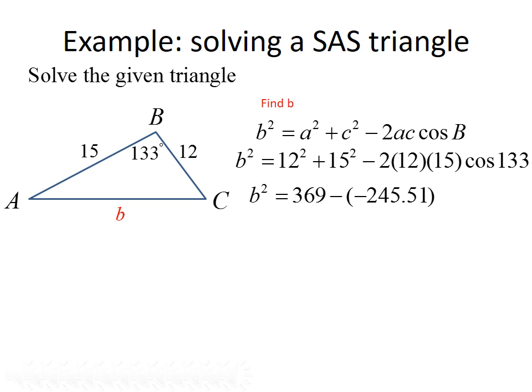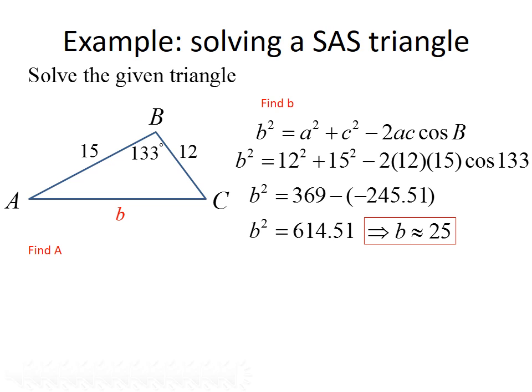So this simplifies to b squared equals 369 minus a negative 245.51. If we simplify further by putting those together, we'll get b squared equals 614.51. And if we take the square root of both sides, we'll get that b is approximately 25.